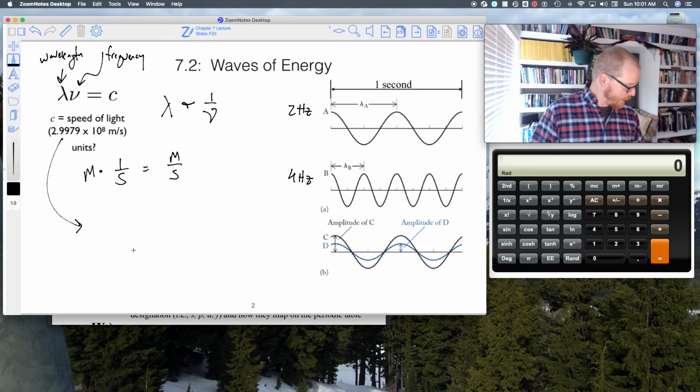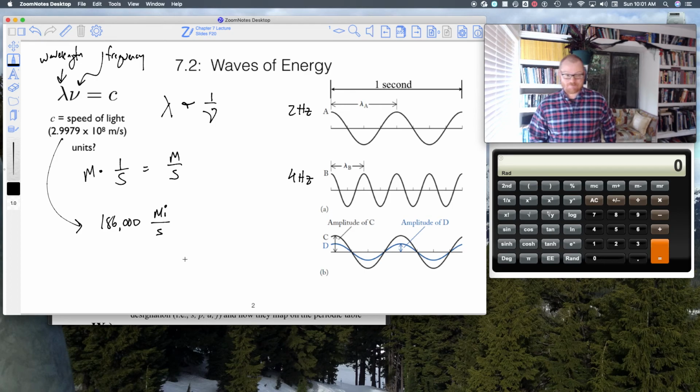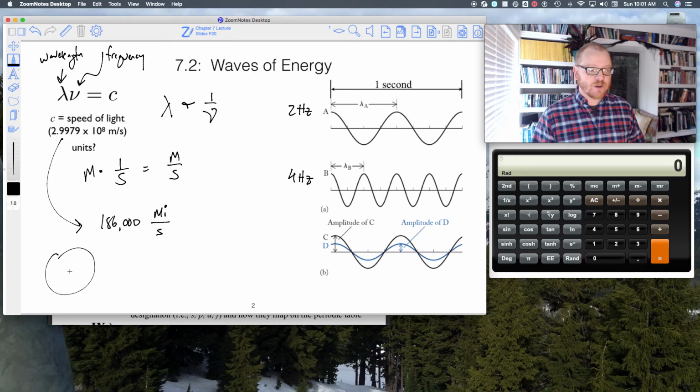To give you an idea of how crazy fast that is, that's 186,000 miles per second. Okay, the circumference of the Earth, so if this is Earth, I'll put an E for Earth, right?